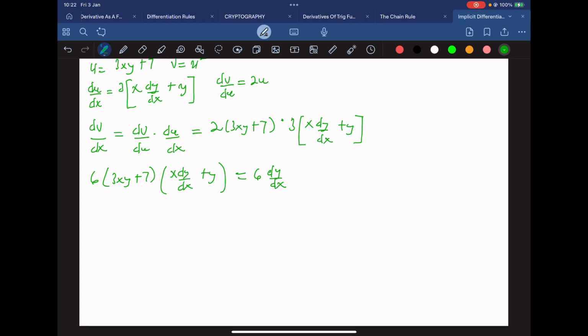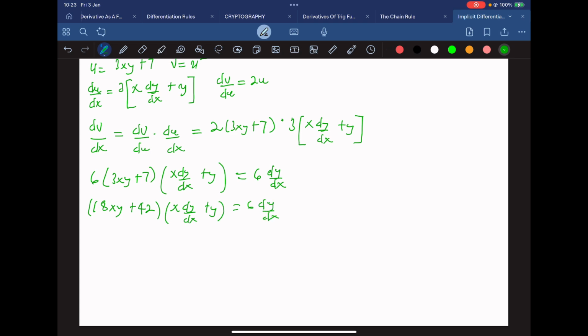So now let's expand the left hand side. To expand this, if we distribute the 6 here, we have 18xy plus 42 times x dy/dx plus y, equal to 6 dy/dx.